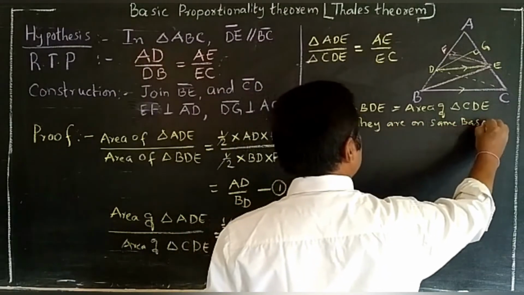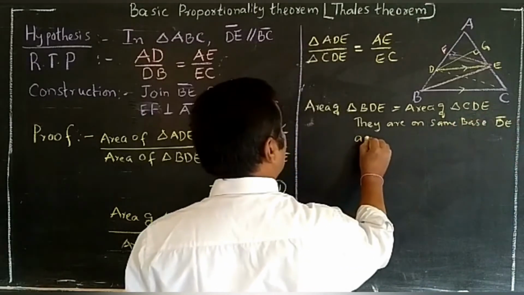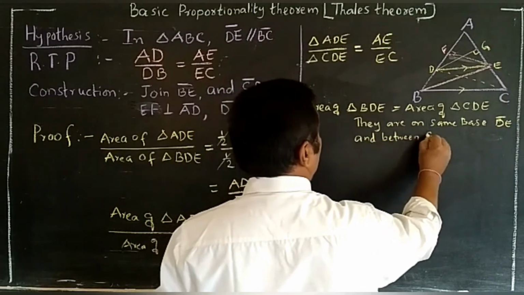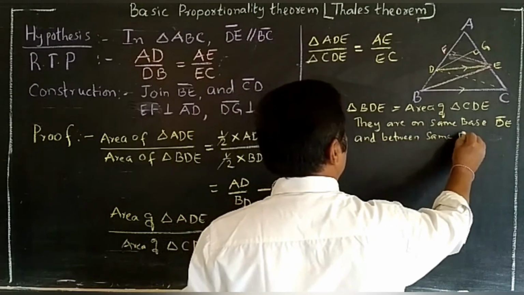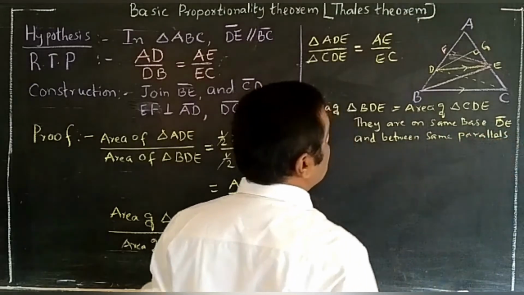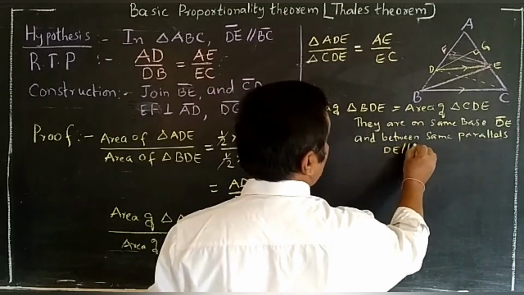What is that same base, children? DE. And between the same parallels. What are those parallels? DE is parallel to BC.